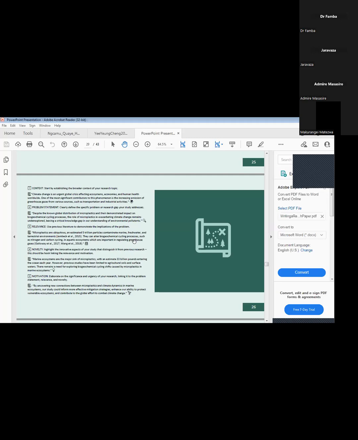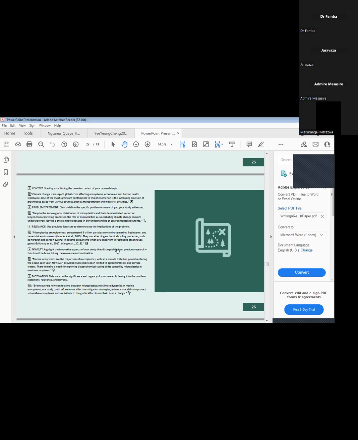So I was just trying to emphasize the importance of some key elements which you are supposed to always include in your introduction, depending on your area of specialization or discipline. The way you frame your introduction might be different, in terms of whether you are going to stick to the order that is indicated there: context, problem statement, relevancy, novelty, motivation, and you try to relate that to literature.